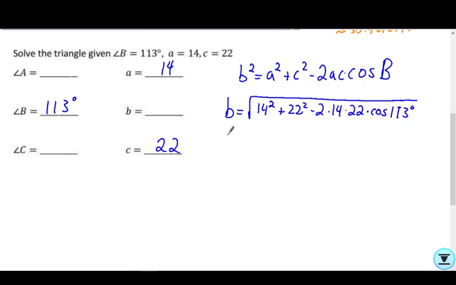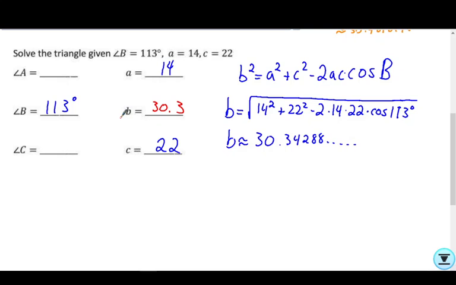You plug all that into your handy dandy calculator, and it says that b is equal to 30.34288, yada yada yada. So side B is 30.3.